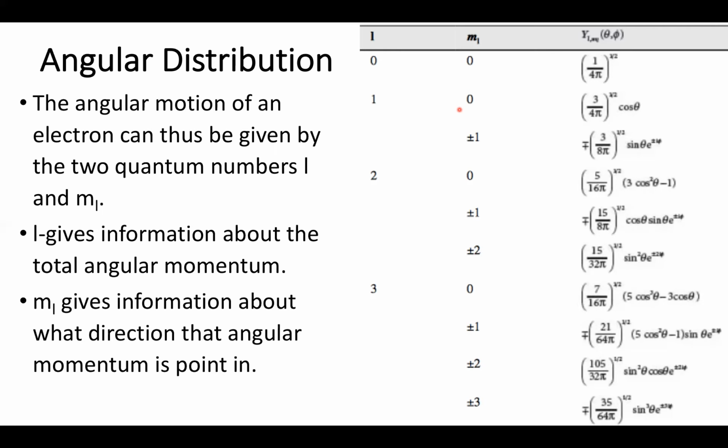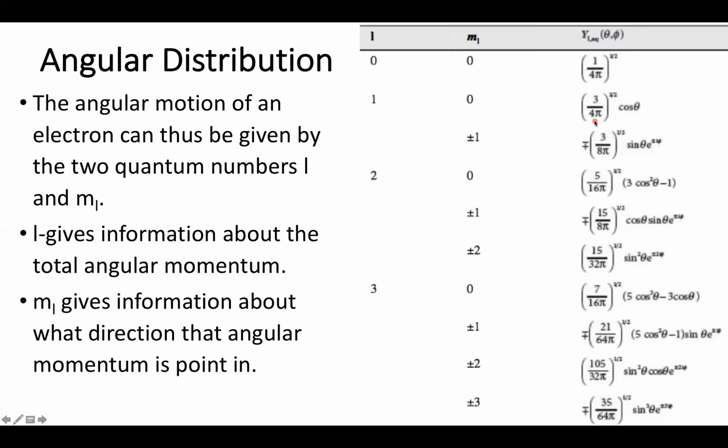It can be pointed somewhere away from the z-axis, or it can be pointed up or down. So if L is 0, we have essentially angular momentum pointed towards the xy plane. +1, it's pointed up. -1, it's pointed down.